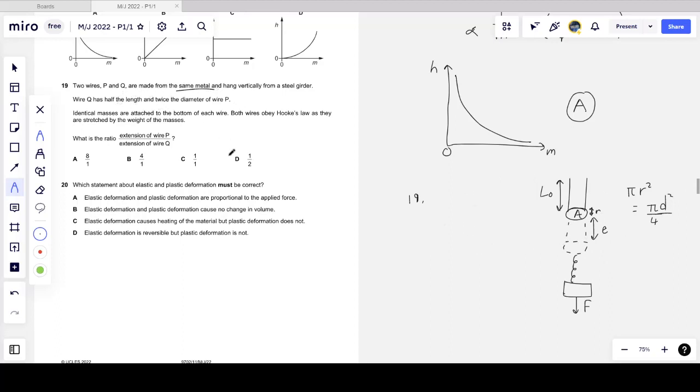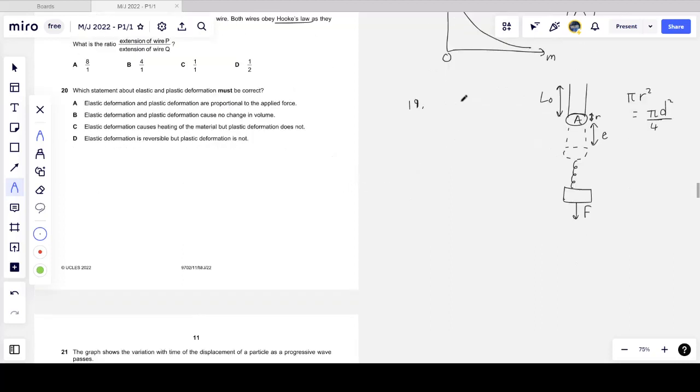They're made from the same metal, hang vertically from a steel girder, so they're both at the same point. Q has half the length, but twice the diameter of P. The masses that are attached to the bottom of each are the same, and both obey Hooke's law. And we want to know the ratio of the extension of P to the extension of Q. So one's going to extend more than the other.